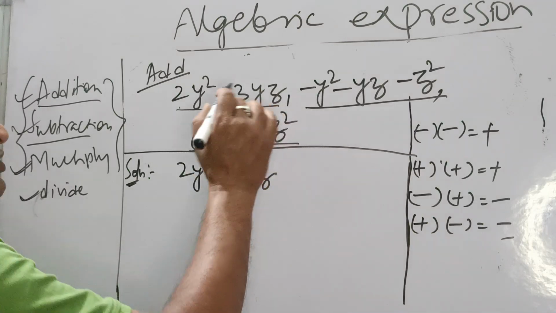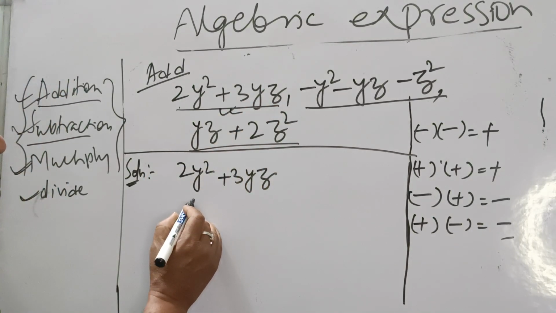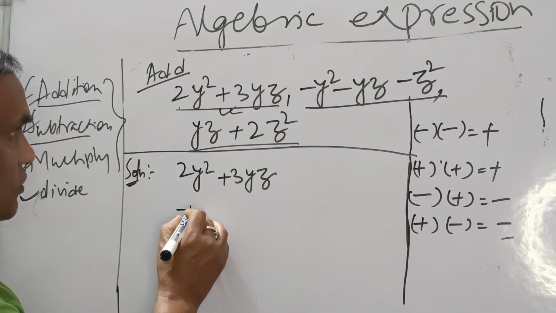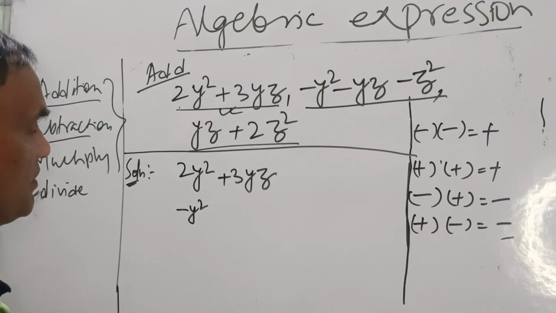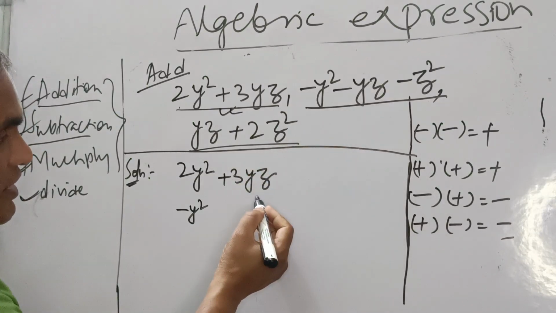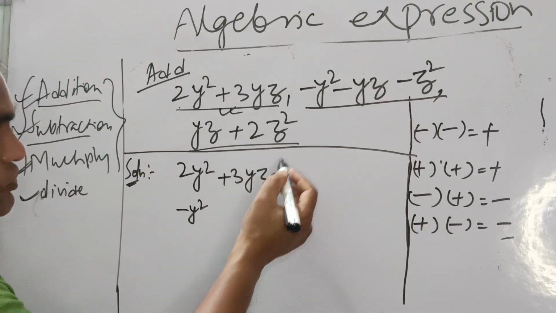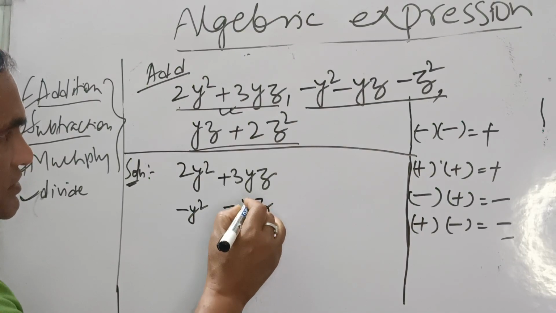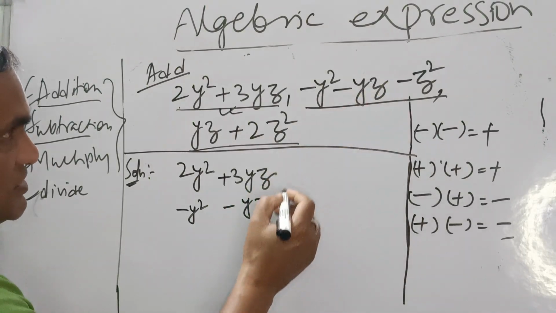So it is y square. Here it is y square, so this term will be written below it: minus y square. Again this is yz, so here we'll write minus yz. And this is minus z square.